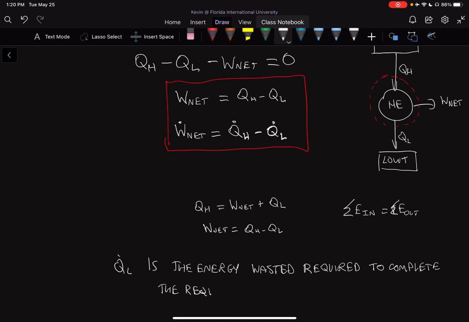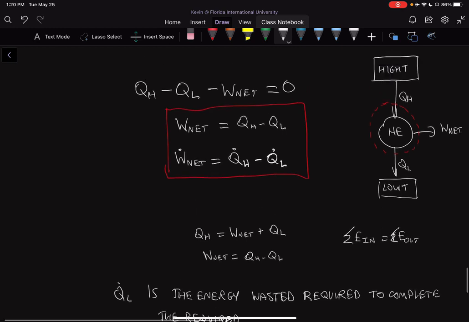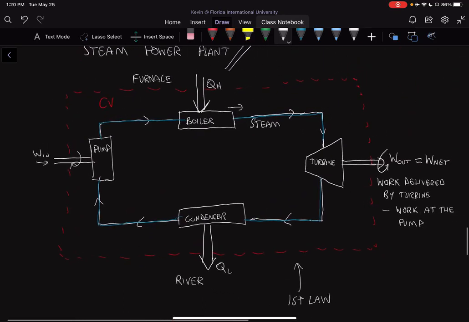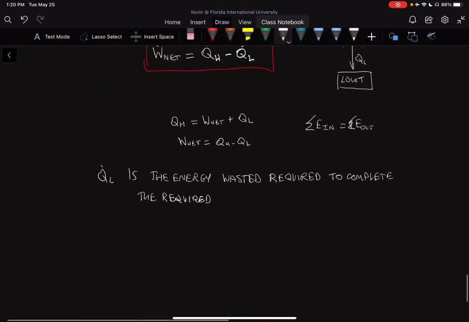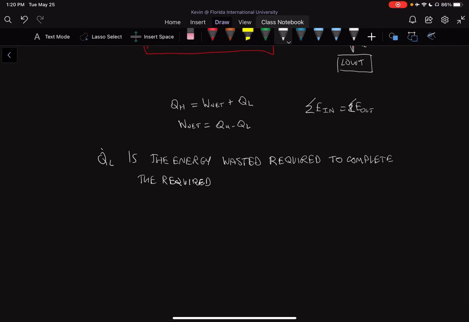So this QL is required because if we didn't have a QL and we didn't have a loss of temperature, our boiler would get, our system would always get hotter and hotter and hotter. QL cannot be equal to 0. Okay, so it's really important to note that QL cannot be equal to 0, because QL is the energy wasted required to complete the cycle. If we don't lose any energy through heat, then our cycle would get warmer and warmer and warmer. So we can say that Q dot L or QL cannot be equal to 0.